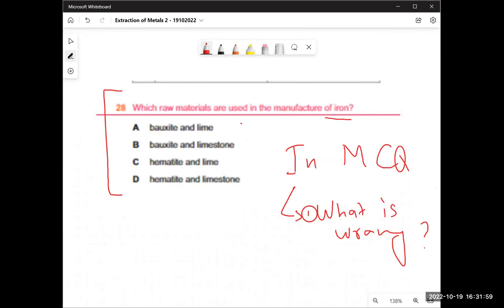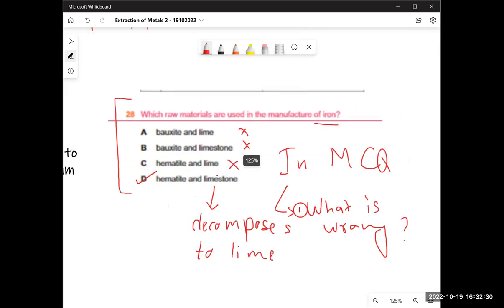So bauxite is not the correct answer. Bauxite was aluminium, right? Now, next one. What else do we use? Limestone or lime? Limestone is the correct answer. Limestone thermally decomposes to lime, but it's not the raw material. Raw is what you're taking from the ground and earth. We do use lime, but limestone makes lime, so that's why we use limestone. This is wrong. Finished? Any questions?